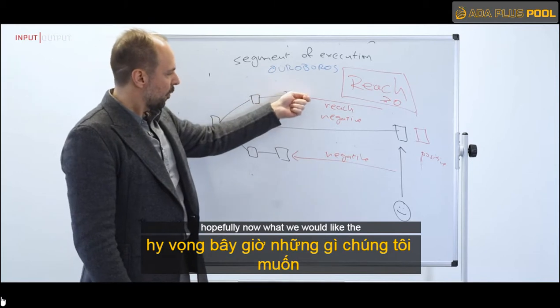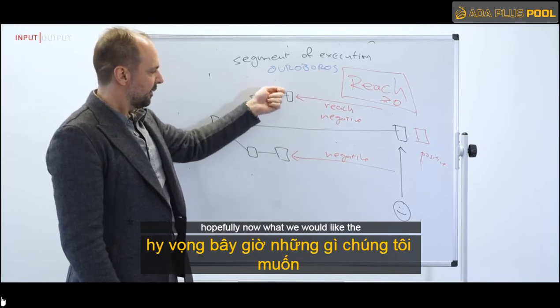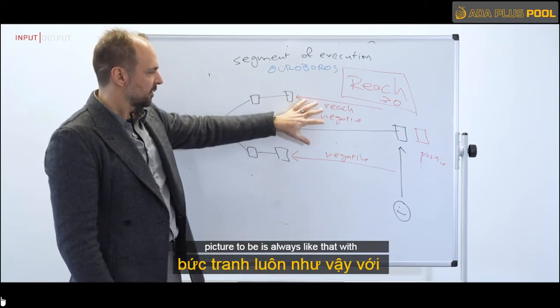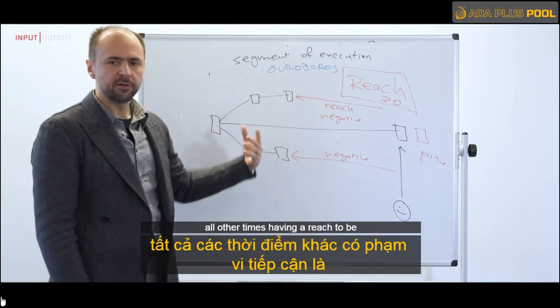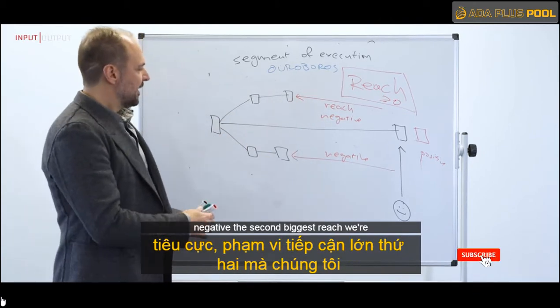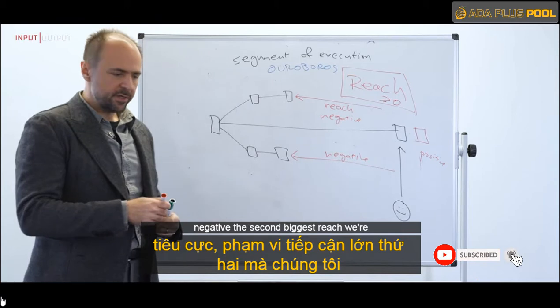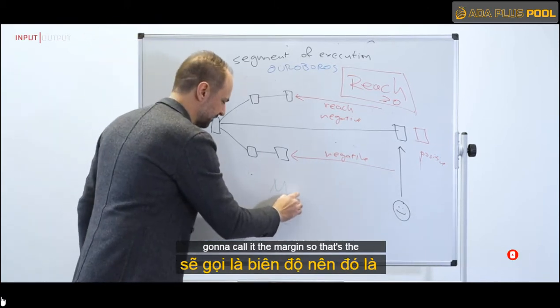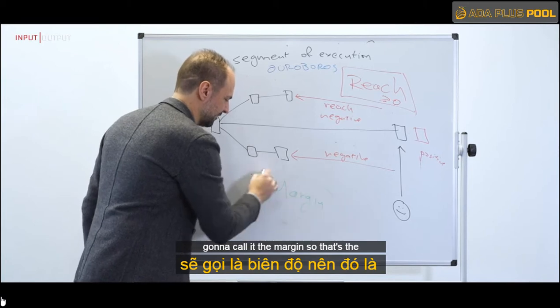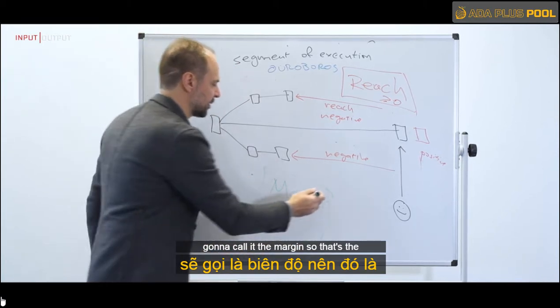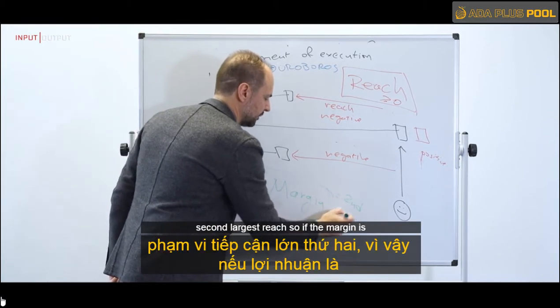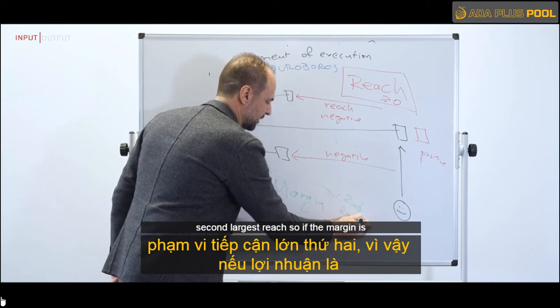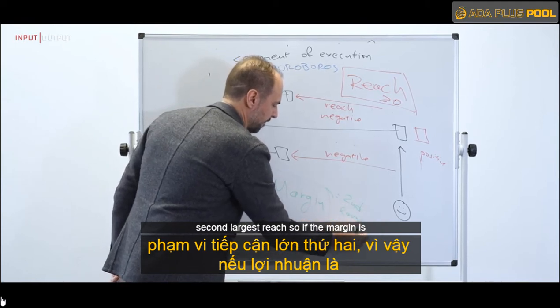Now, what we would like the picture to be is always like that, with all other tines having a negative reach. The second biggest reach, we're going to call the margin. So that's the second largest reach.